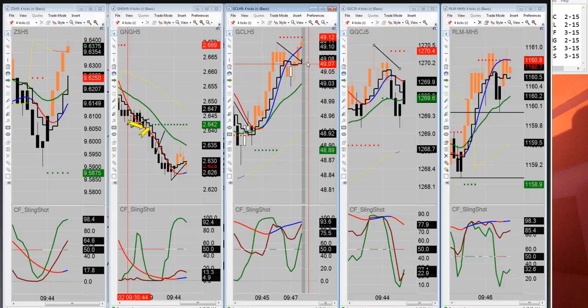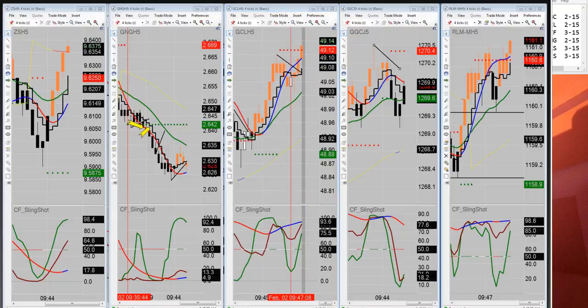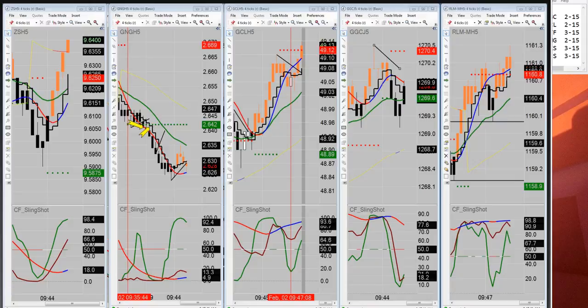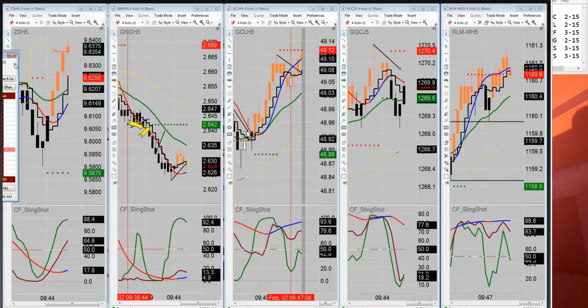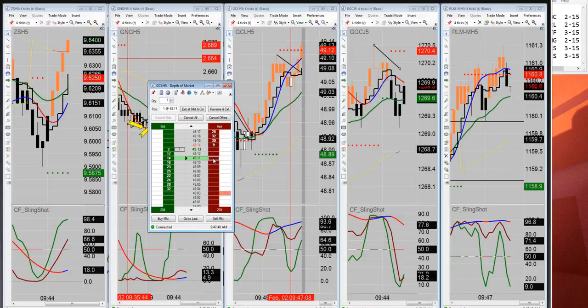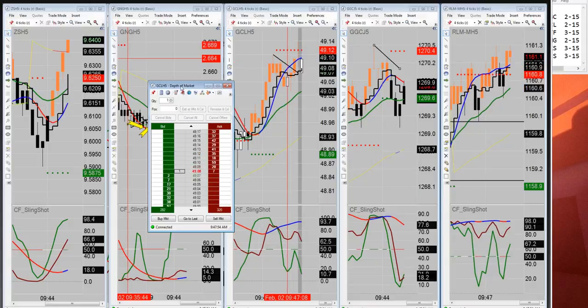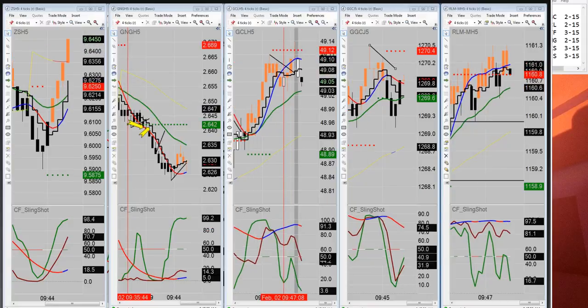Alright, on the crude, that up close right there at 49.10 is a long trade. Okay, 49.11 on that. Alright, stop at break even. It was a momentum trade there. Sorry guys, I'm out of it at break even. But that was a momentum trade there on the crude.